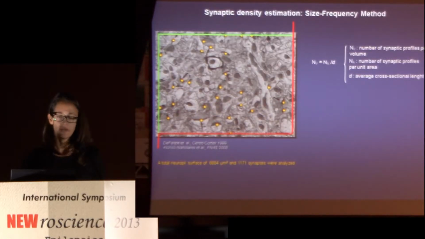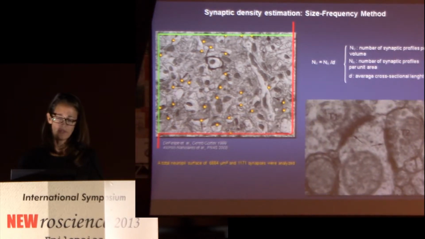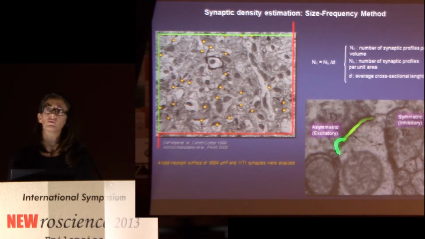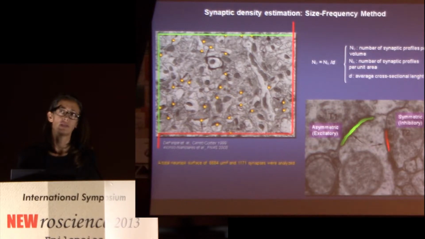We decided to quantify this alteration using an estimation of the synaptic density. For this purpose we made an estimation using the size-frequency method, and we basically counted all the synapses in the pictures. We could also distinguish between asymmetric and symmetric synapses, so we had a good estimation of the cortical circuits in this region, regarding the imbalance of excitation and inhibition.